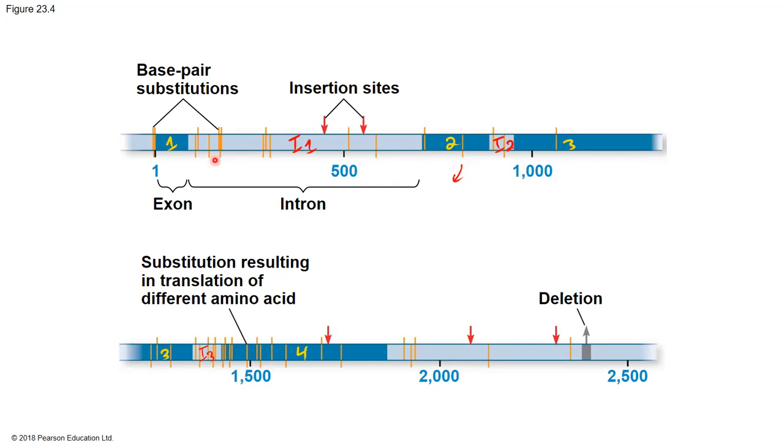But of these 43 base pair substitutions, only one results in an amino acid change. The other ones do not result in an amino acid change because some of them are in introns, in non-coding sequences. Even the ones within coding sequences either do not change the codons, or they do change the codon, but they do not change the amino acid sequence of the protein encoded by this gene.